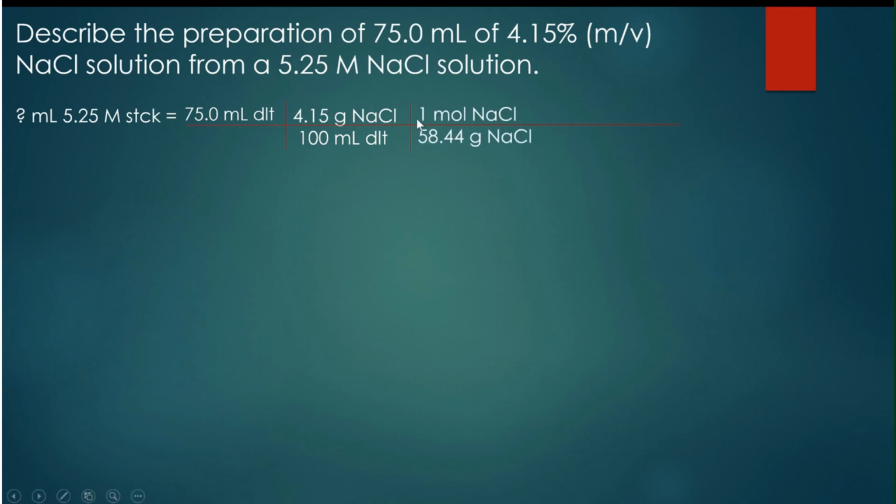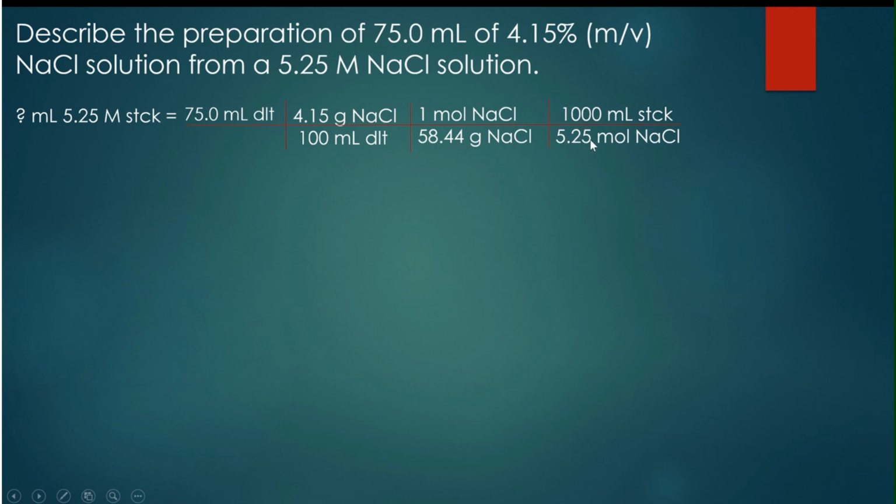Once we have grams of sodium chloride, we can go to moles of sodium chloride. And finally, here's our stock solution. 5.25 moles of sodium chloride per liter. Now you'll notice in previous steps I had just put 1 liter up here and then done the conversion from liters to milliliters. This time I'm doing that step in my head and saying 1 liter is 1,000 milliliters.